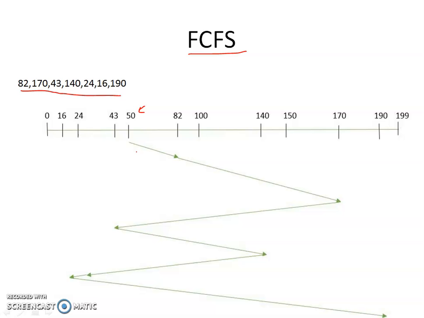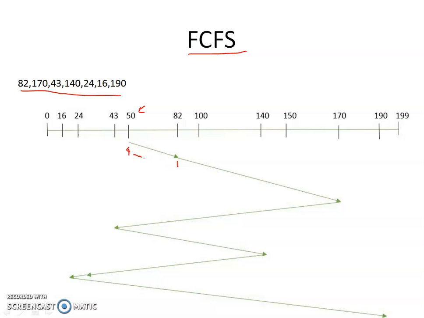To compute it, you need to take the differences between the positions. That is from 50 to 82. The arm is moved from 50 to 82 in order to process the request stored at 82.